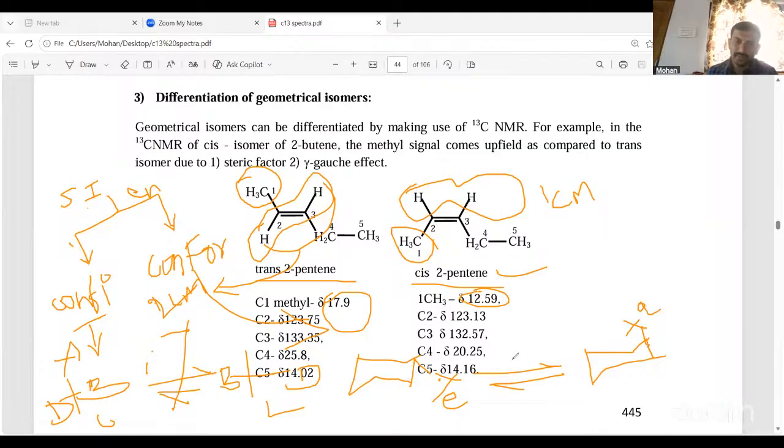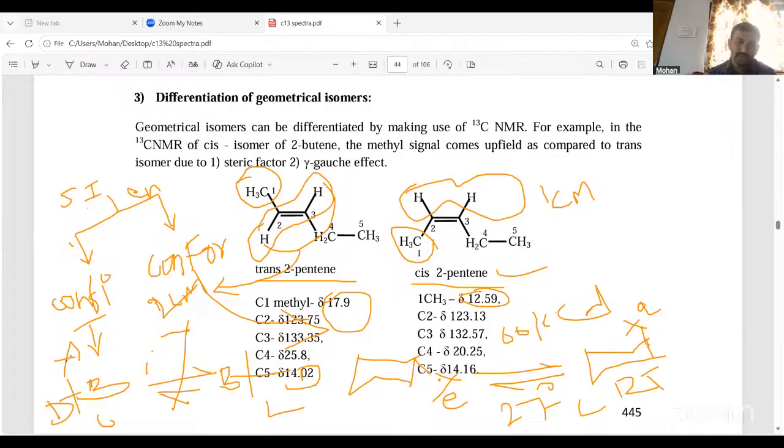To interconvert this conformer to this conformer, it needs only 60 kilocalorie energy, and it takes place at room temperature, 27 degrees Celsius.